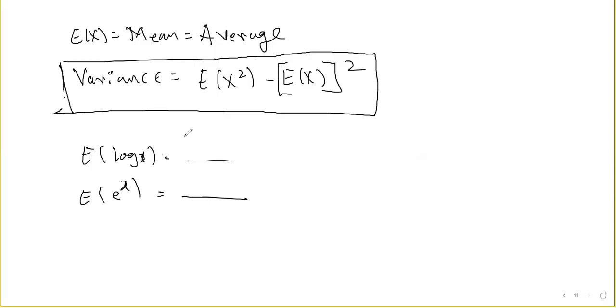Log x is a function, and e power x is one of the functions. First I will give some introduction to the expected value of a certain function, then if possible we will solve some examples, then we'll go for the variance concept. Clear?